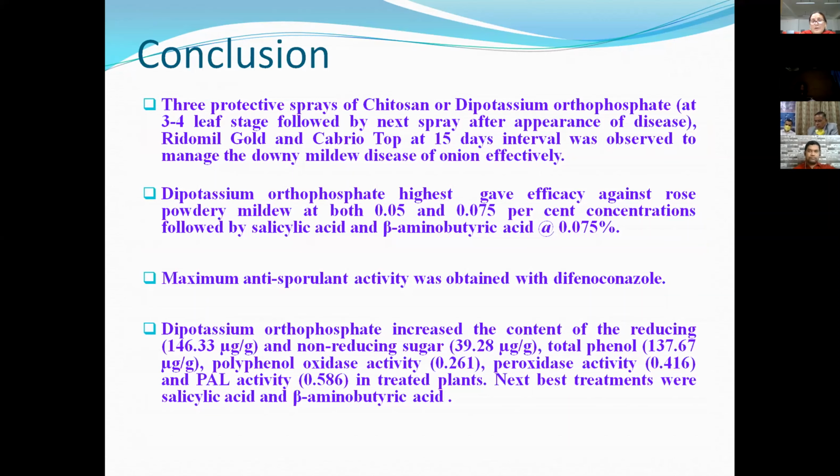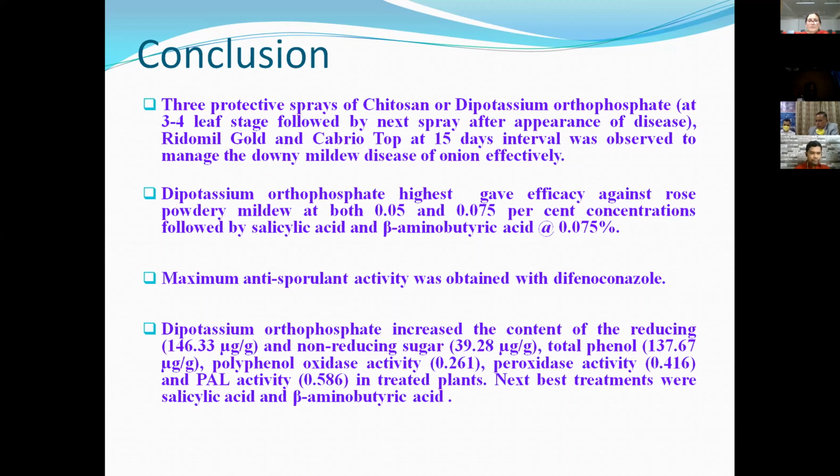This way we can reduce chemical application every time, because chemicals are associated with various adverse effects on the plant as well as human beings and the environment as a whole. So we want to minimize that and include these SAR chemicals in the integrated management program.